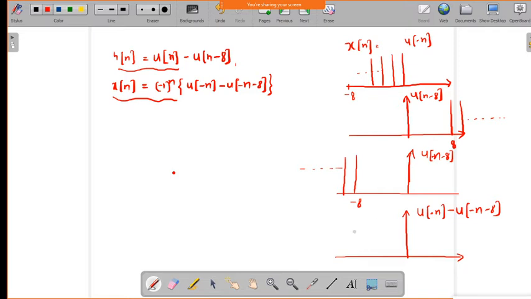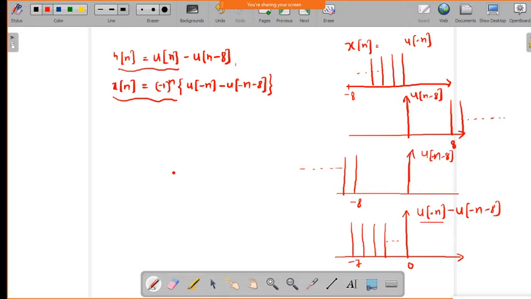So you will get the samples till the value of minus 7, till the value of 0. So this is your u of minus n minus u of minus n minus 8.